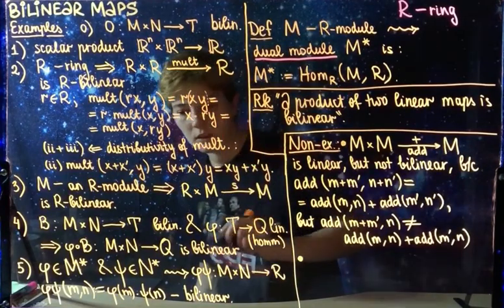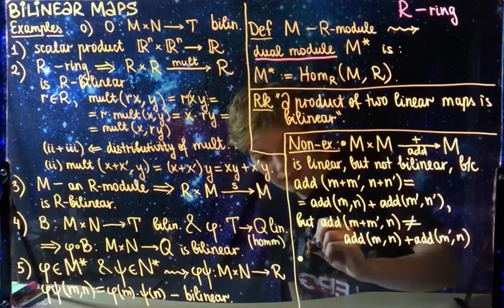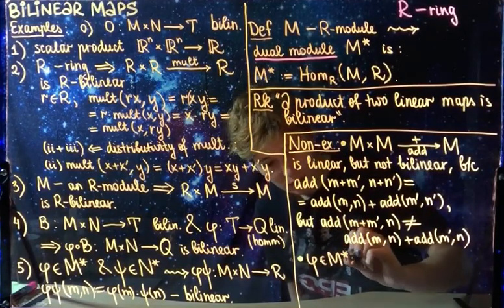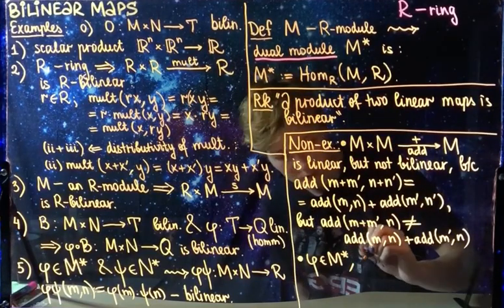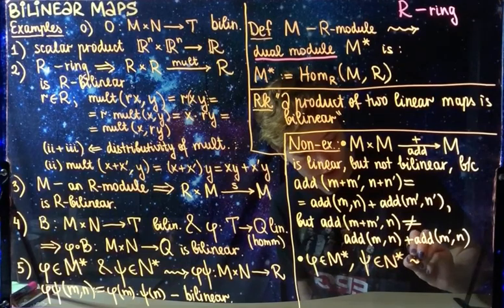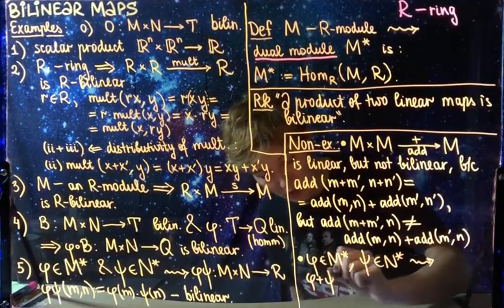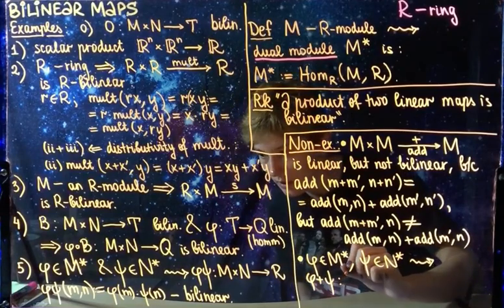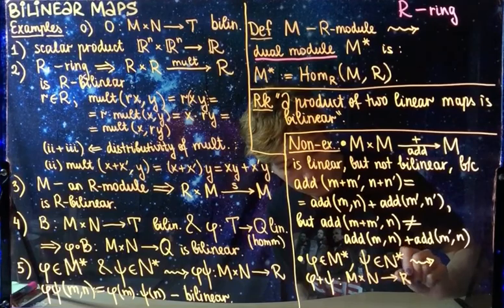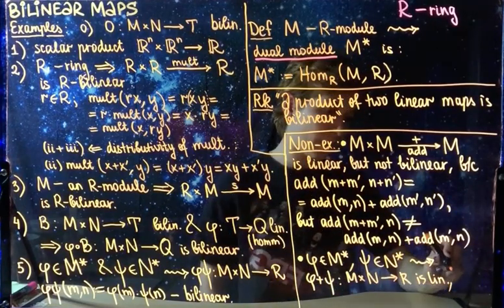And modifying the fifth example of bilinear maps, if we have a homomorphism phi from M to R and a homomorphism psi from N to R, then their sum, phi plus psi from M cross N to R, is linear but not bilinear.